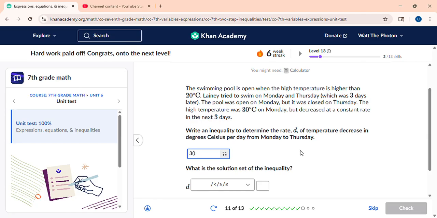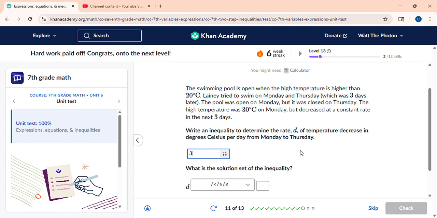The temperature difference has to be more than 30 over 3, which is 10. It'd be greater than 10 over 3. The temperature difference has to be greater than 10 over 3.